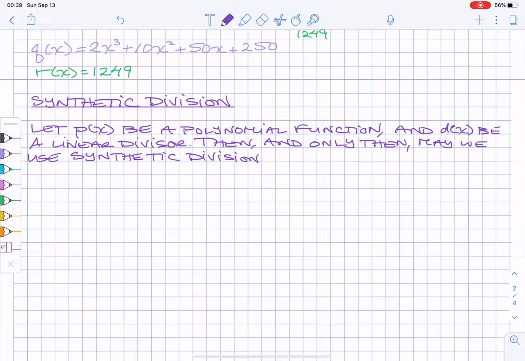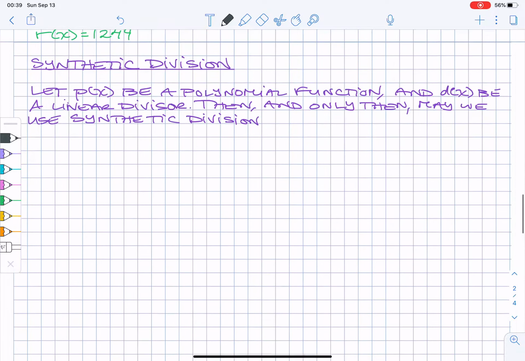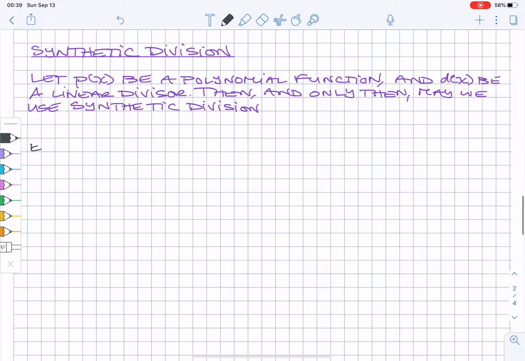And once again, much like polynomial long division, synthetic division is best shown as opposed to writing rules. It's just easier. So, example: evaluate the following using synthetic division.